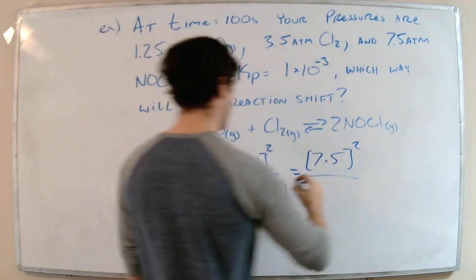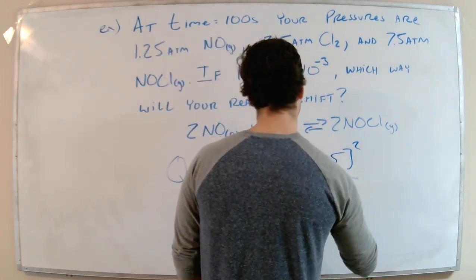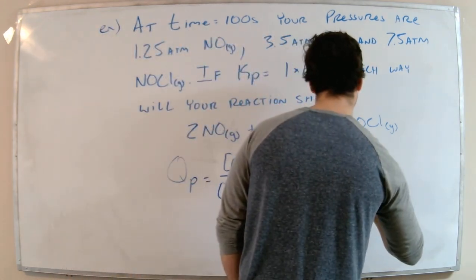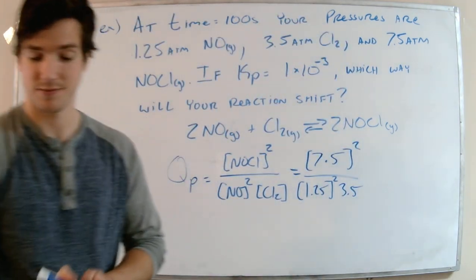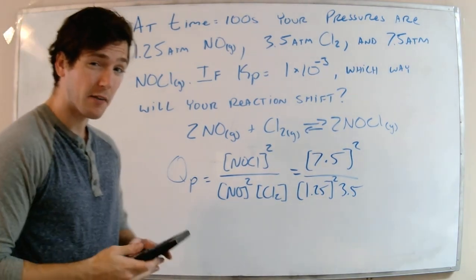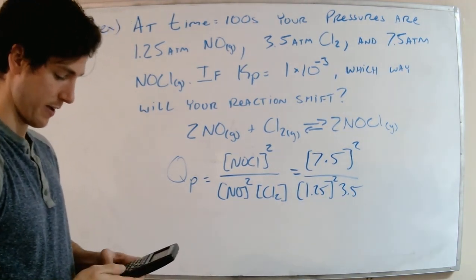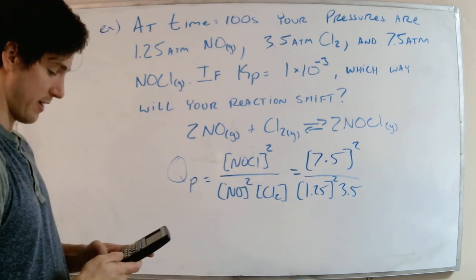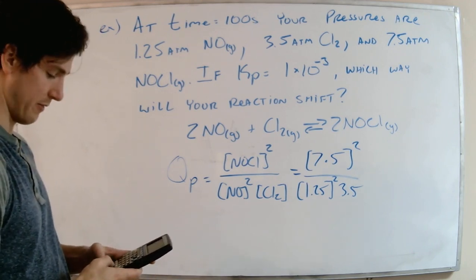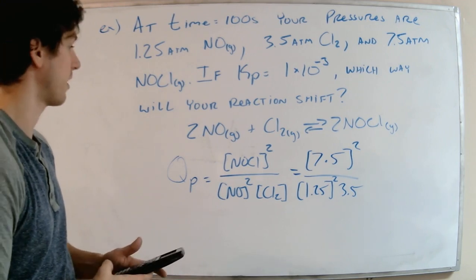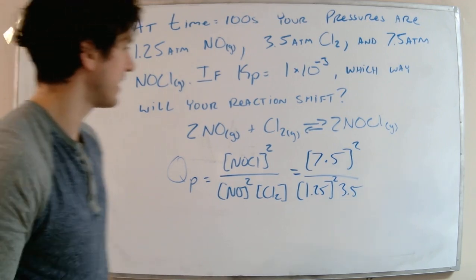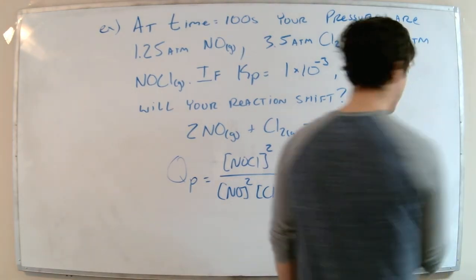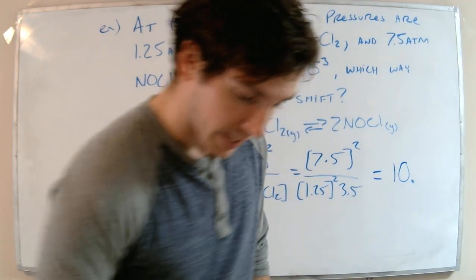NO is 1.25, and we'll have to square that. And Cl2 is just 3.5. Let's go ahead and plug that into our calculator and see what happens. 7.5 squared divided by 1.25 squared times 3.5, I don't think is a thing. All right, so then we get a Q of 10.29.